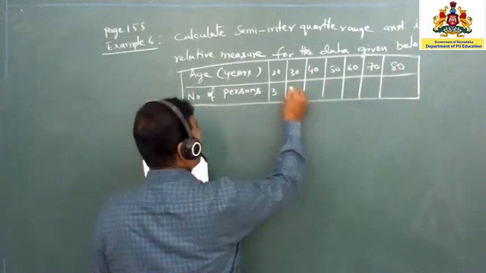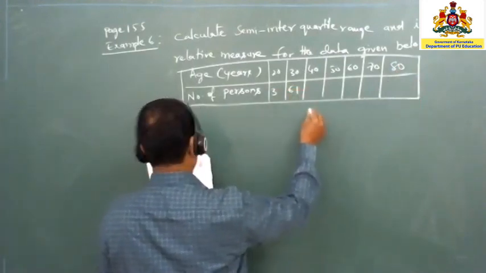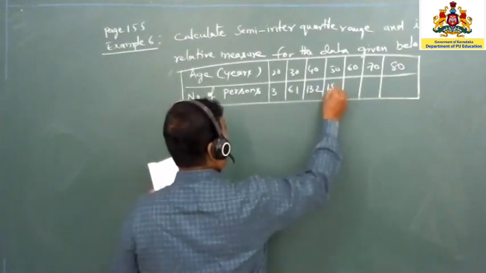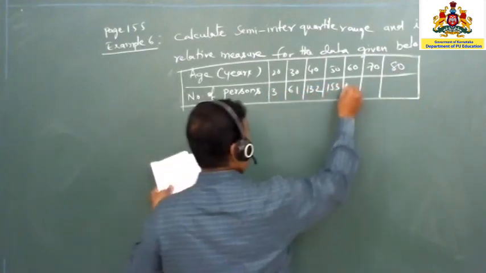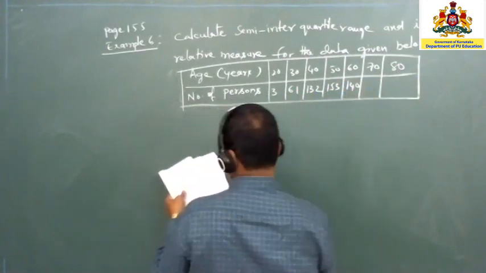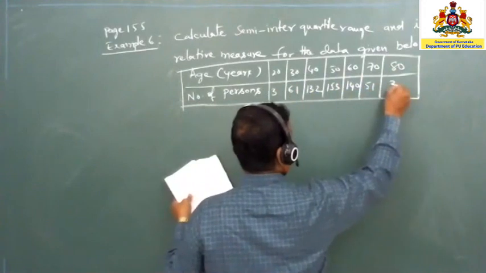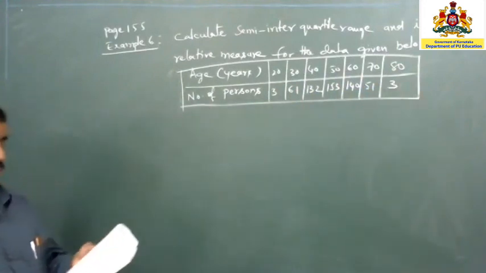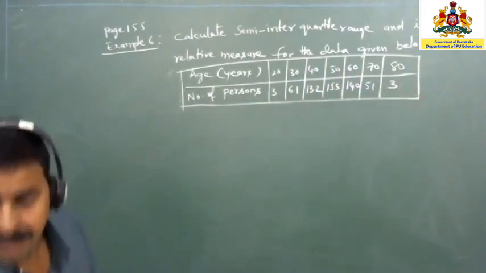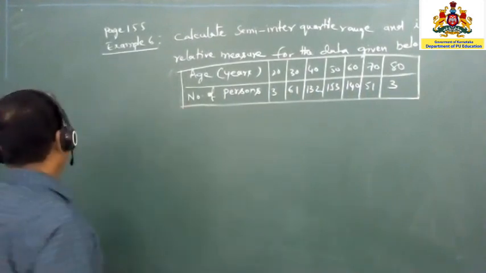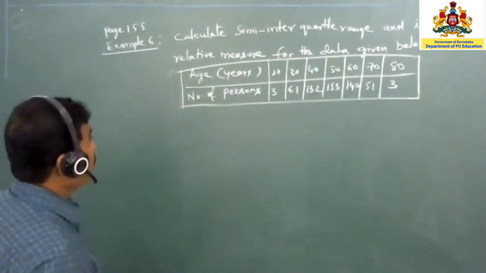Values 3, 61, 132, 153, 140, 51, 3. It is the given question.